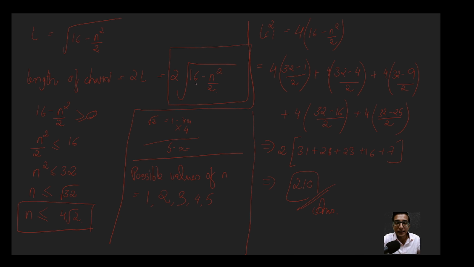We understand that inside the square root there cannot be a negative value, so we had to apply this condition, which is 16 minus n square by 2 is greater than or equal to 0, and from there we got certain values of n which satisfy our equation, and then by putting those values into our answer we've got our final answer, which is the sum of squares of length of chords. Let us look at another question now.